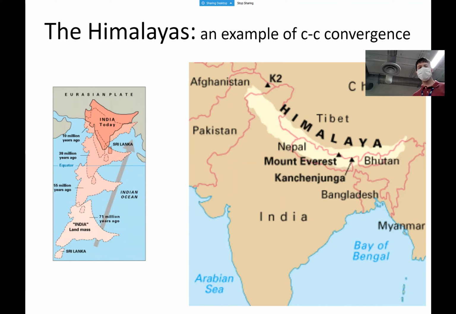And so the theory is that a long, long time ago, when I say a long time ago, I mean millions of years ago, India used to be its own island, but it's its own tectonic plate, so it moved up toward the Eurasian plate and is currently colliding with the Eurasian plate.